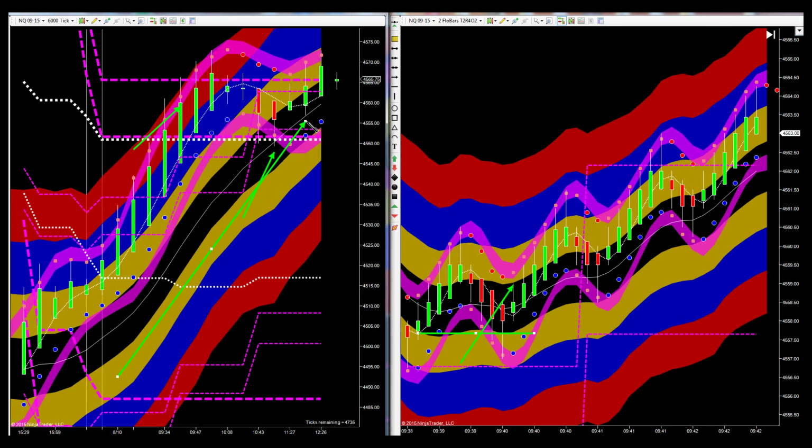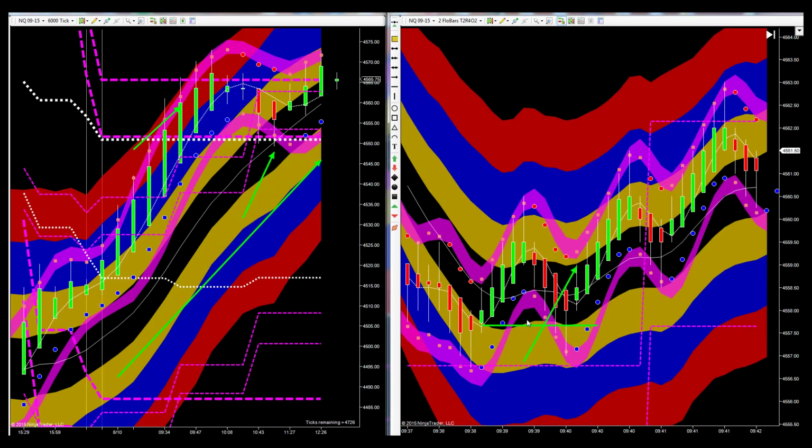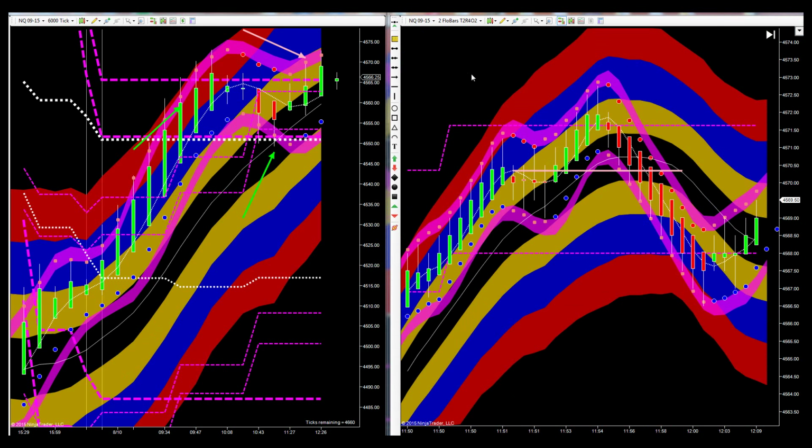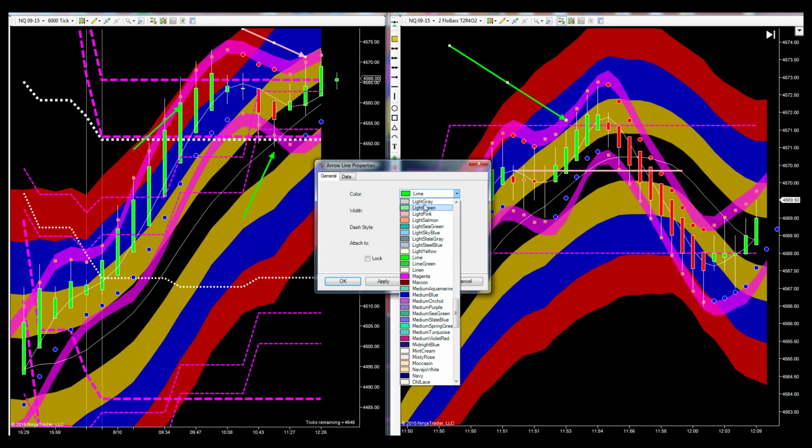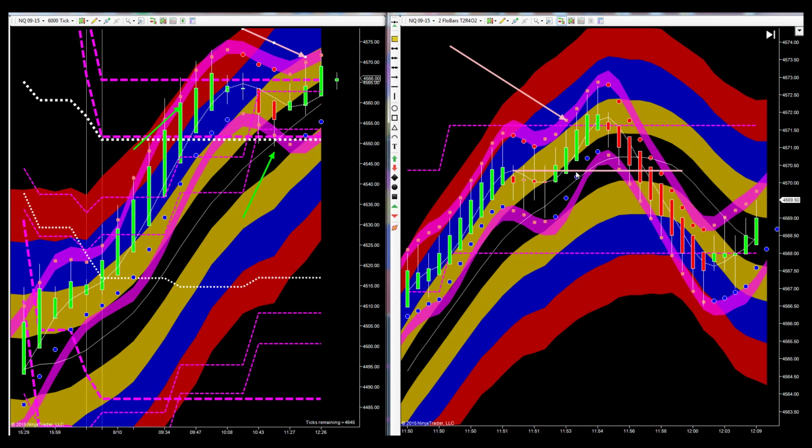So we're considering that this upper energy band here on the left chart is going to show itself as resistance. So when price associates up into this upper energy band, we would be looking for essentially the same kind of signal we just looked at here for a buy, but in reverse for a short. For example, this down pink arrow here on the left chart is the same area here on the right trade chart. We're looking at this area because you'll see that we have a crest of resistance.